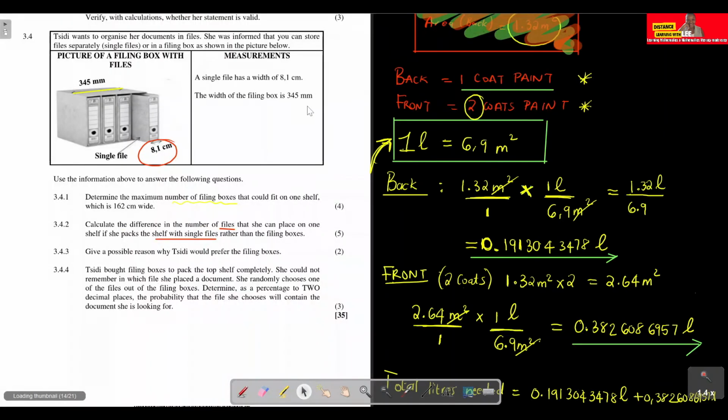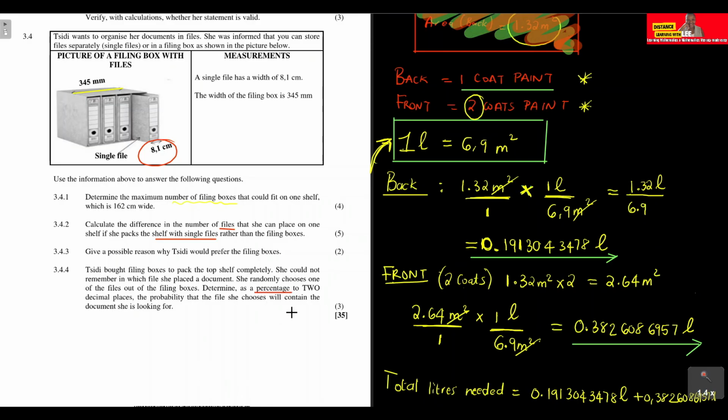Okay, let us have a look at the last question. Question 3.4.4 says TD bought filing boxes to pack the top shelf separately. She could not remember in which file she placed a document. She randomly chooses one of the files out of the filing boxes. Determine as a percentage to two decimal places the probability that the file she chooses will contain the document that she is looking for.